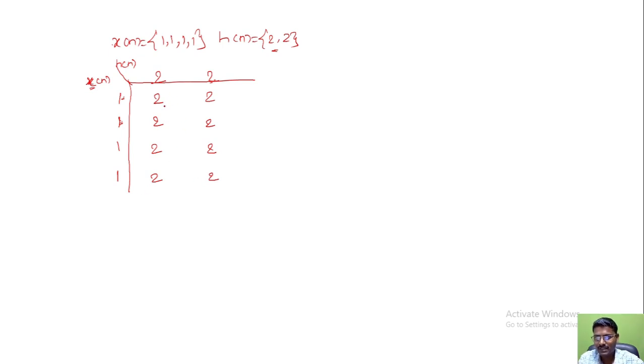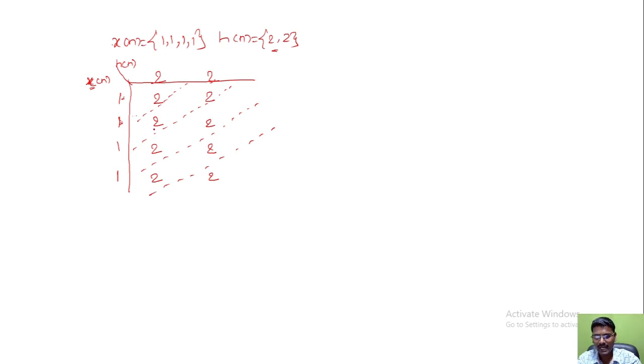After this, I need to separate the diagonal values. So this is my first diagonal value, this is my second, this is my third, and this is my fourth. The dotted lines denote the diagonal values.